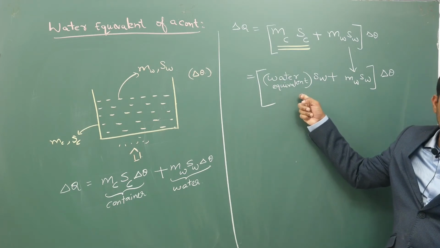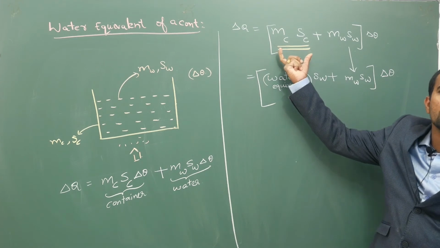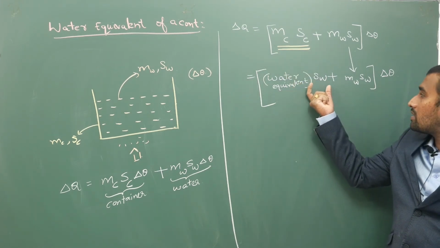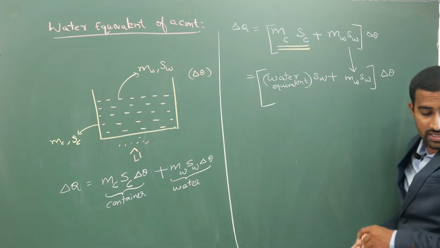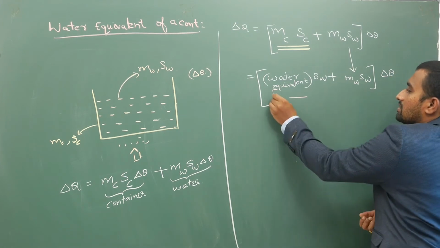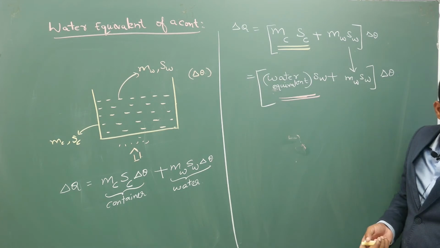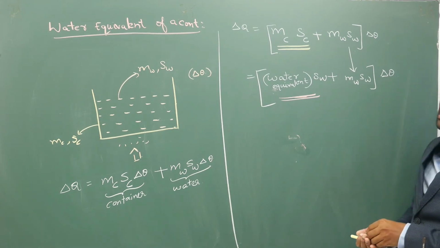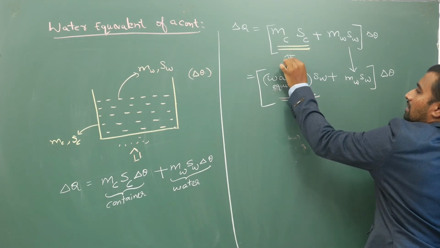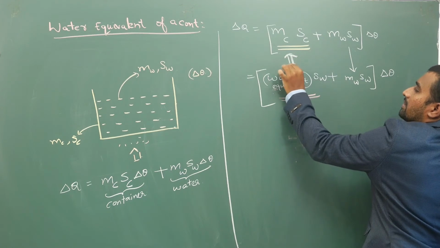So water equivalent is nothing but, this term m into s is what? Heat capacity. So your water equivalent into s water must be equal to this term that you have. Your water equivalent is an equal amount of water that has the same heat capacity as that material.